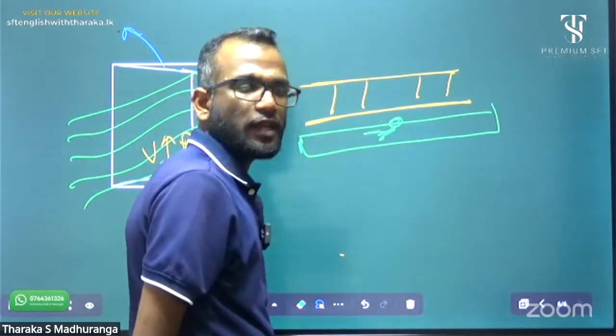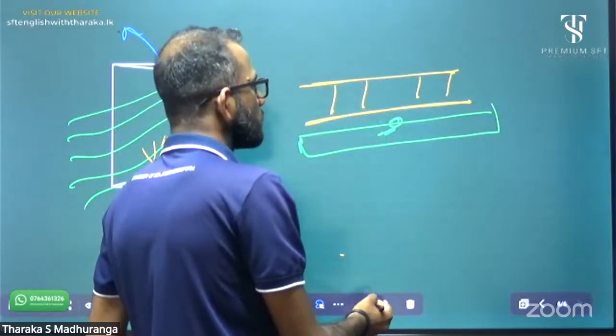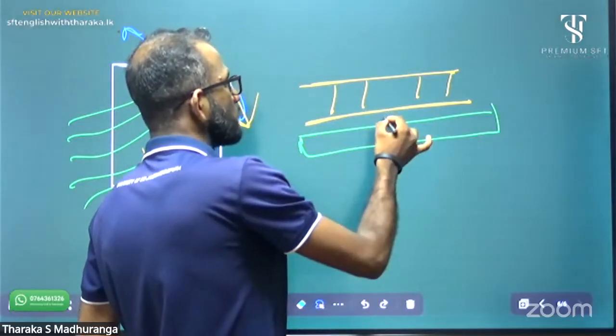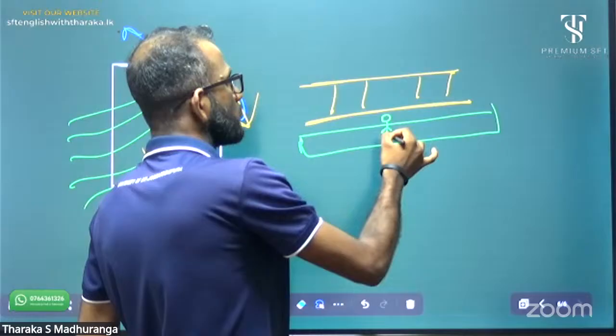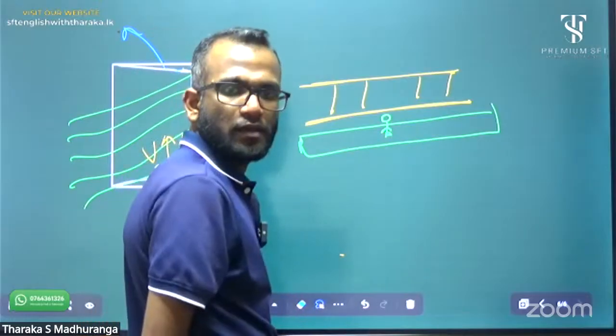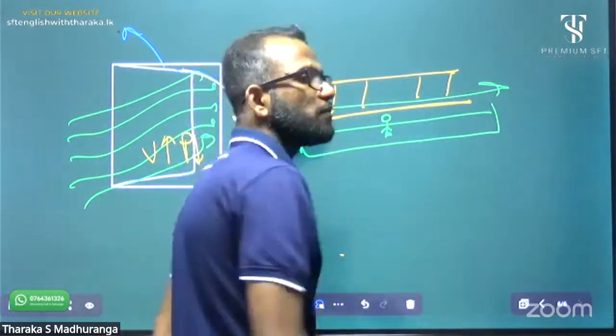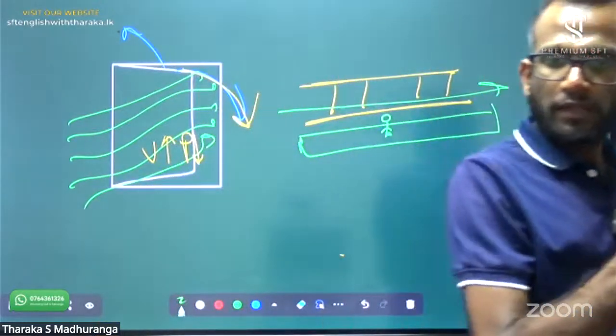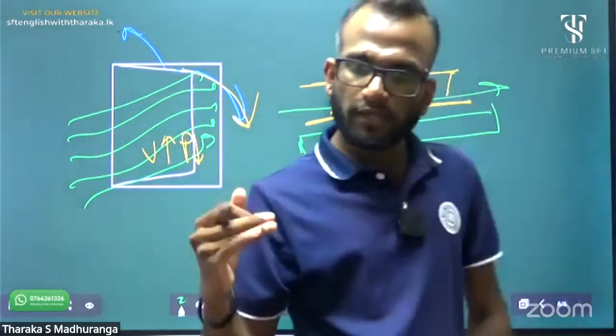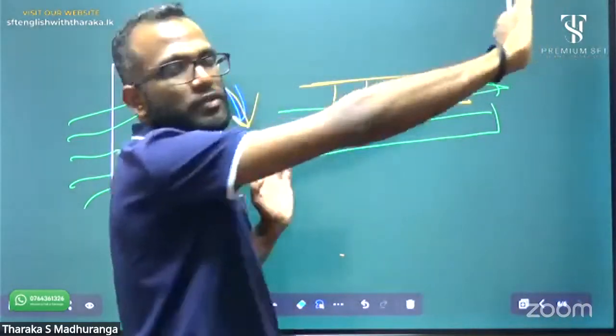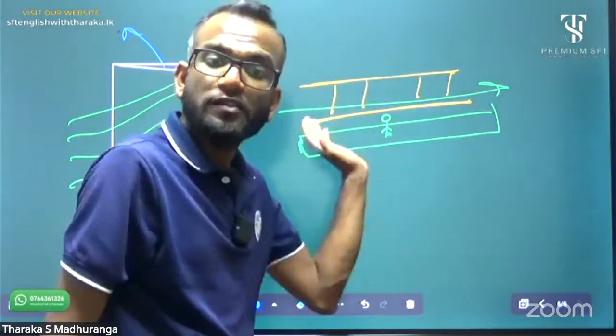Standing here. Now the train is passing without stopping. Think an express train is passing without stopping at high speed.